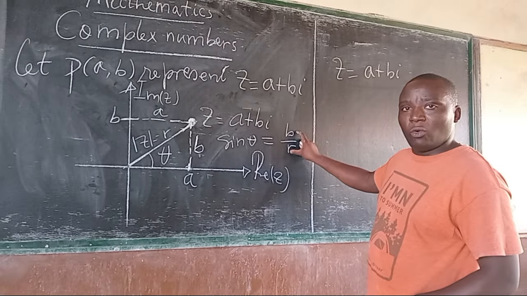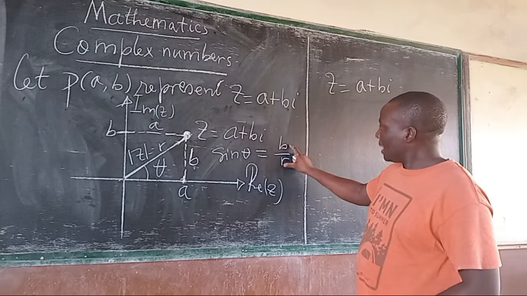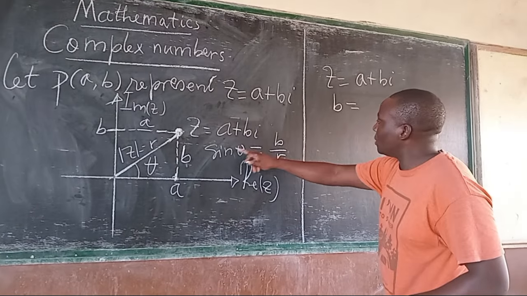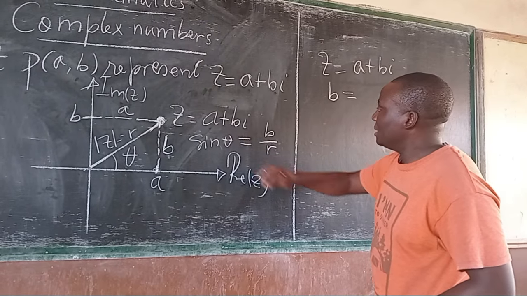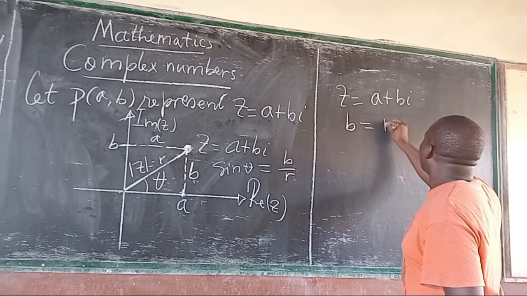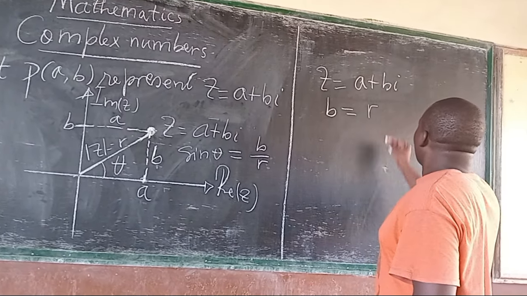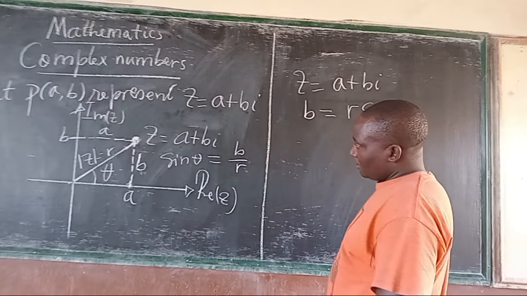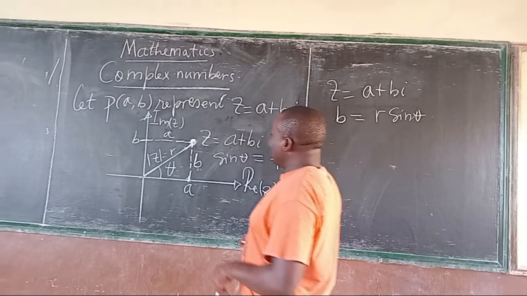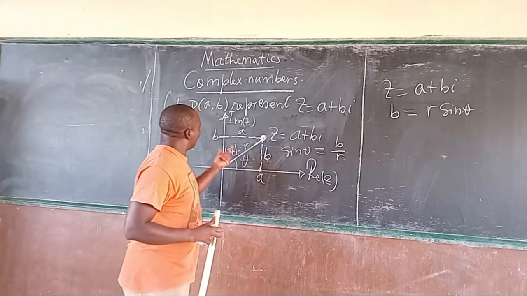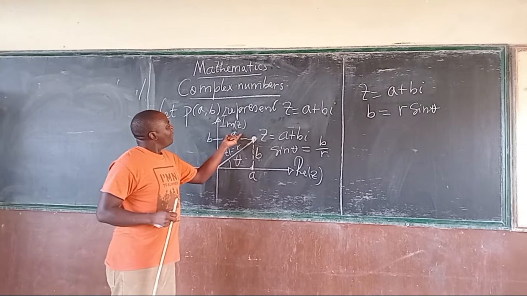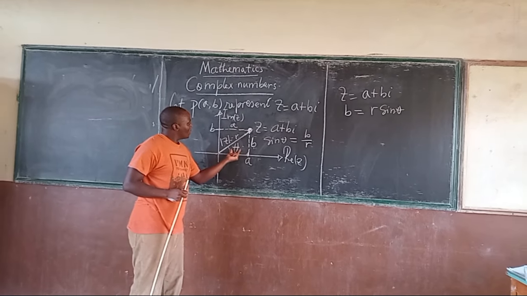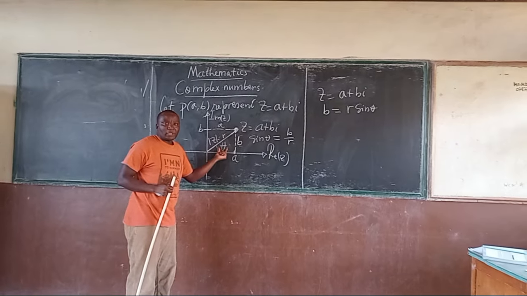The value of B. As you see, B must be equal to how many? You use a cross multiplication. B must be equal to R times the sine of an angle theta. Then again, you can find the value of this side A related to our given angle theta.